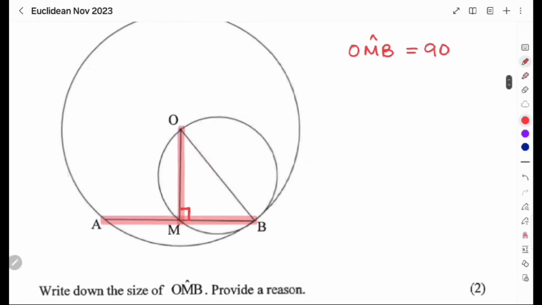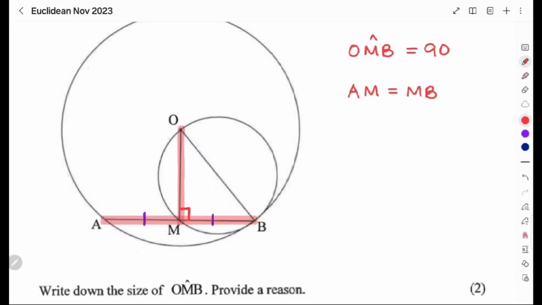So if the line drawn from the center is perpendicular to the chord, it then means that AM is equal to MB. And our reason is line drawn from center, perpendicular to chord. If that is the case, it means that the line drawn from the center has bisected the chord.